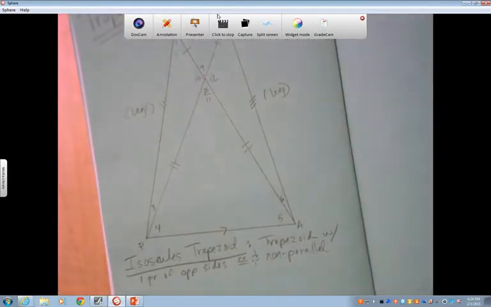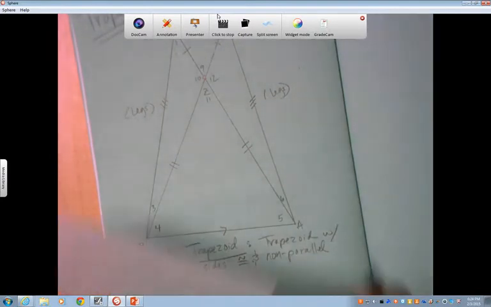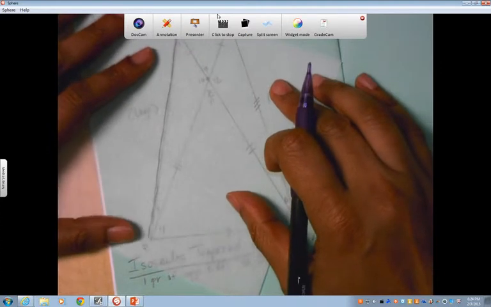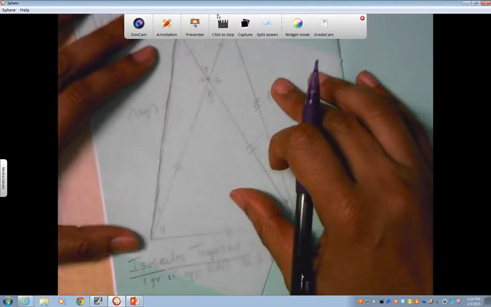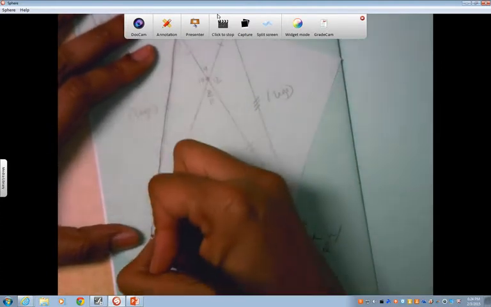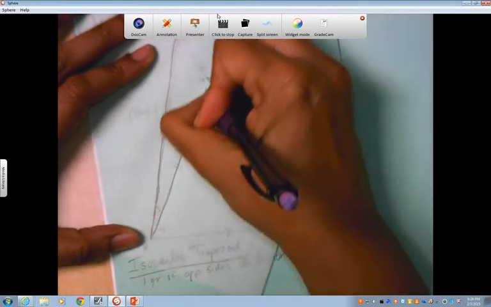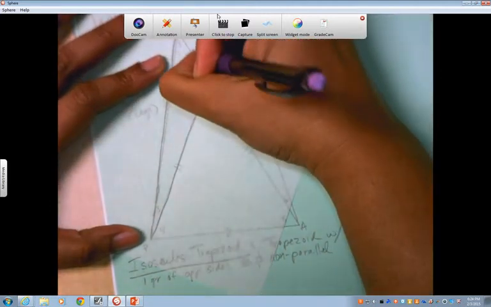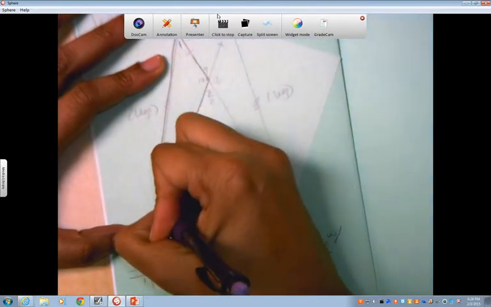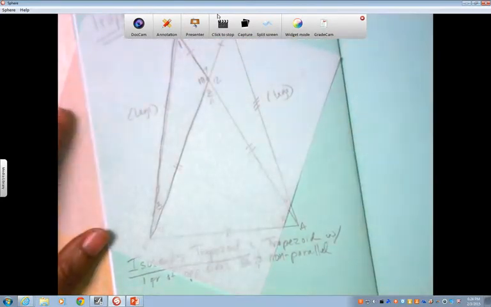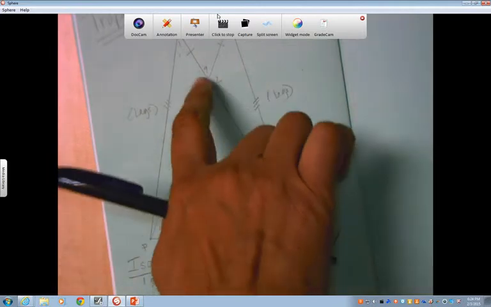Now, back to my little patty paper because I want you to see a relationship that occurs in an isosceles trapezoid. So let's say I look at my triangle TPZ with angles 1, 3, and 10. We know 10 and 12 are congruent because they're vertical.